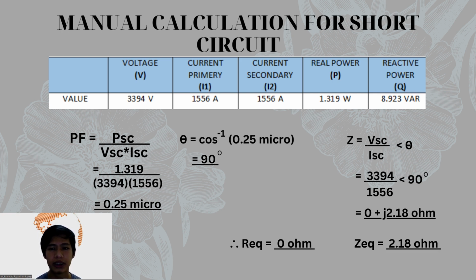Then I find the Z, the impedance, and I get 0 plus j2.18 ohm. From that value of Z, I conclude R equivalent as 0 ohm and the impedance equivalent value as 2.18 ohm. Thank you.